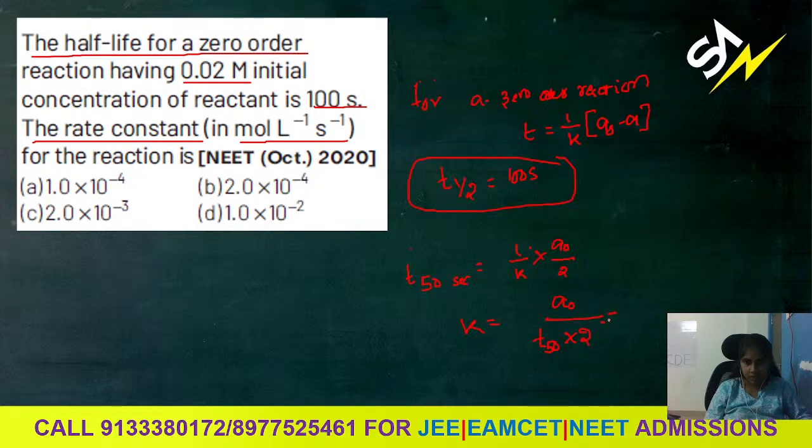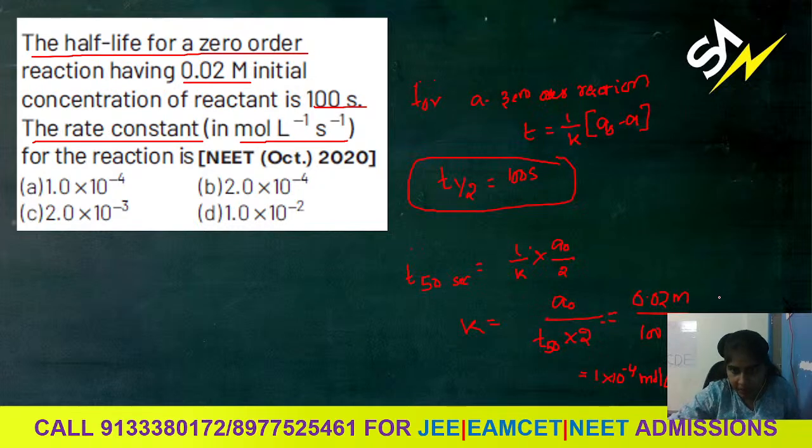That is equal to, what is the initial concentration given? 0.02 molar by T half as 100 seconds into 2. If we calculate this, we will get 1 into 10 to the power of minus 4 mole liter inverse second inverse.